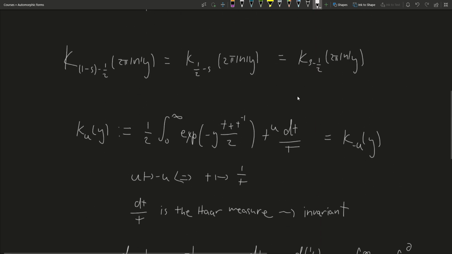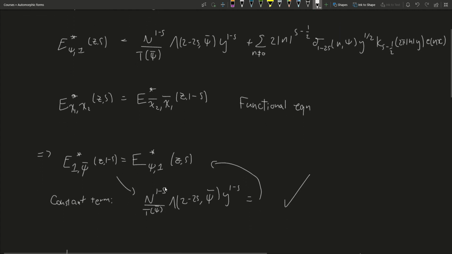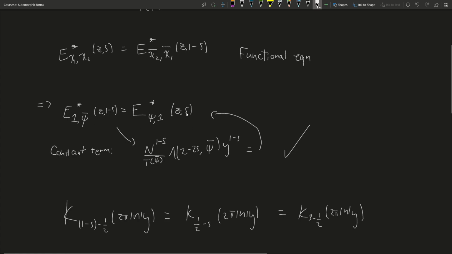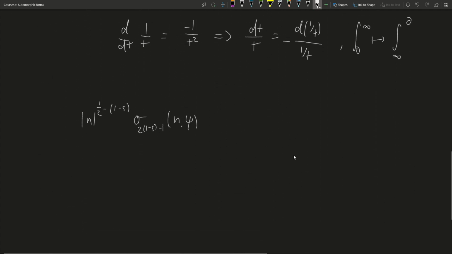Right, so that's exactly this Fourier coefficient here, except we've taken the s and replaced it with a 1 minus s, which is what we're trying to do, and we're going to check that we get exactly this thing down here, and we do immediately, right?